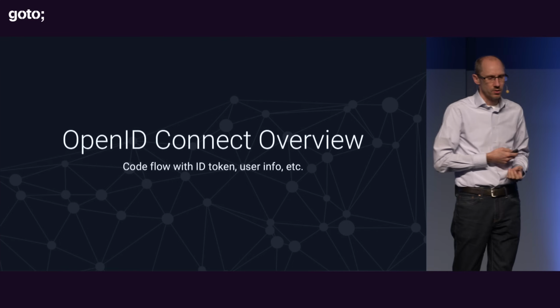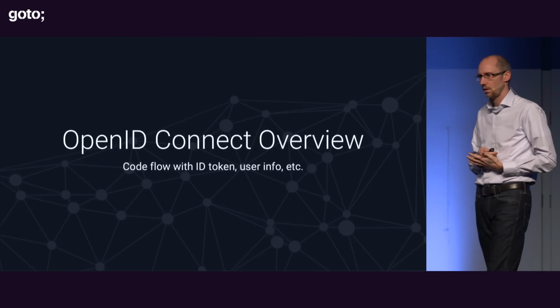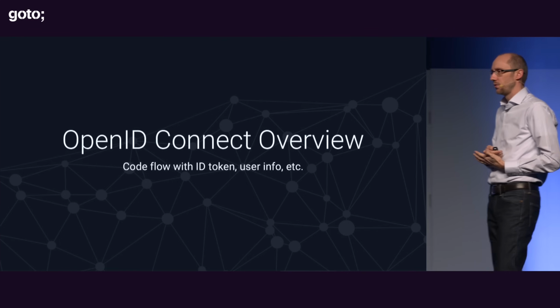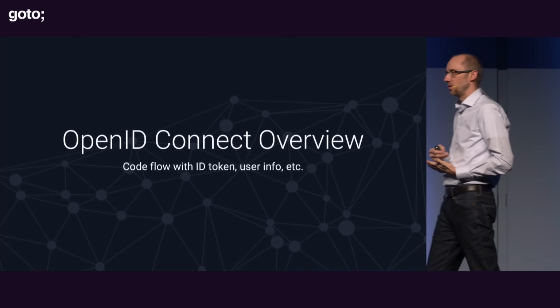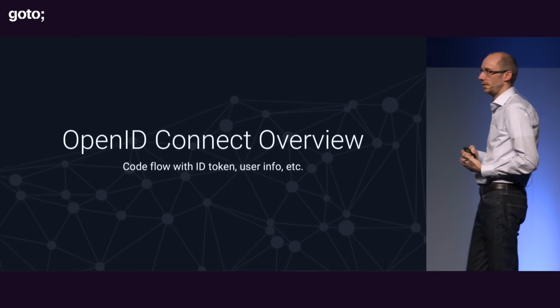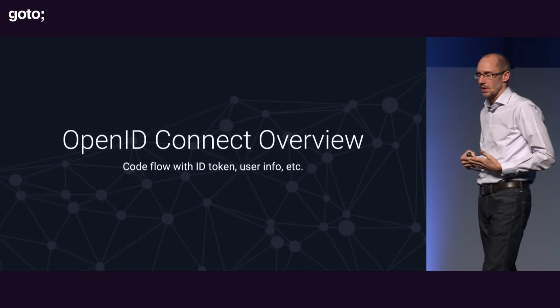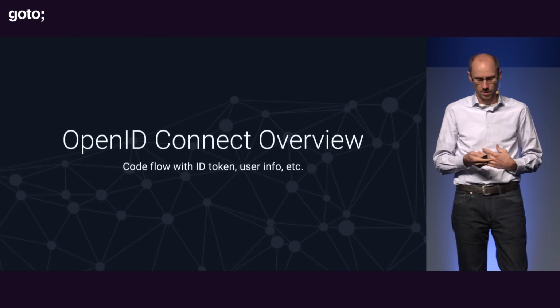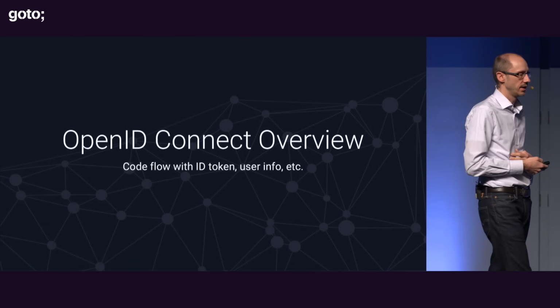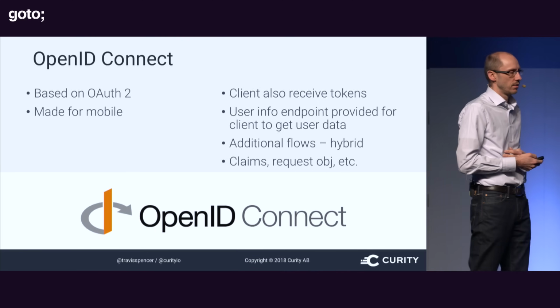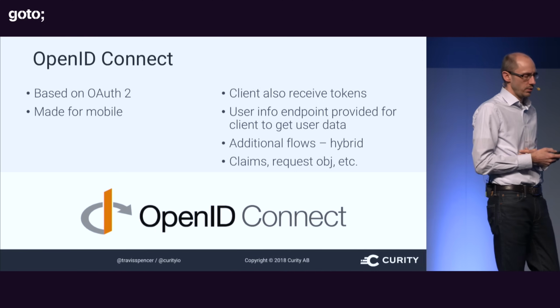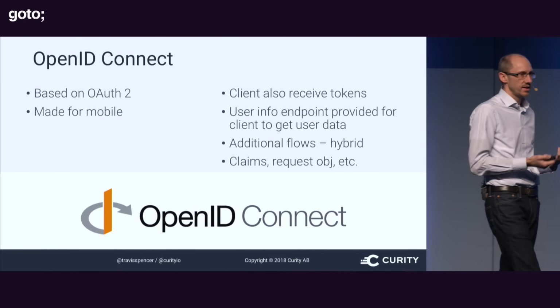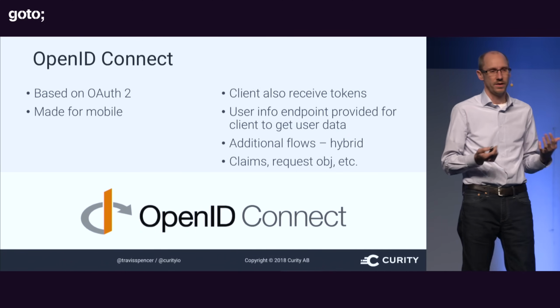Let's talk a little bit about OpenID Connect as well. OpenID Connect is used to build the web applications and the mobile applications that are going to call our microservices and APIs. So it's important to know how OAuth is extended by OpenID Connect, because what's happened with OAuth is that the client is sort of left out of the party.